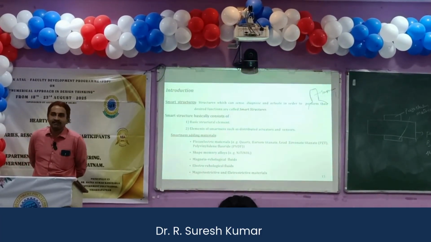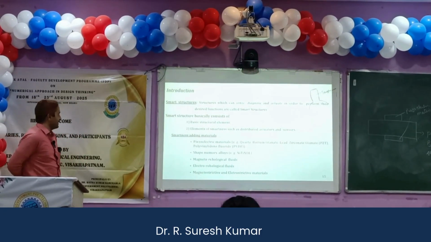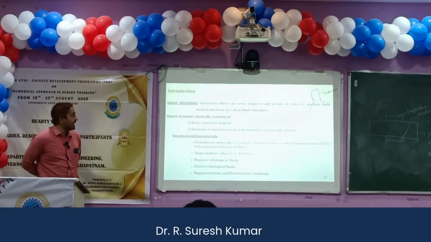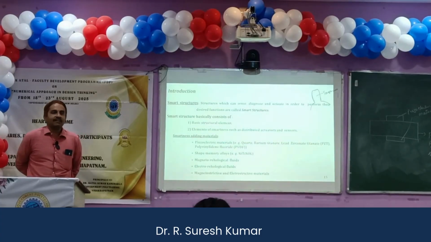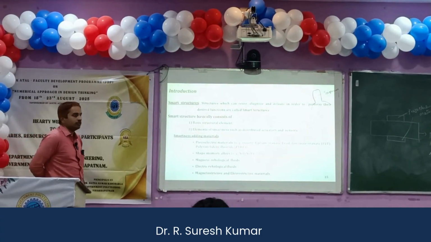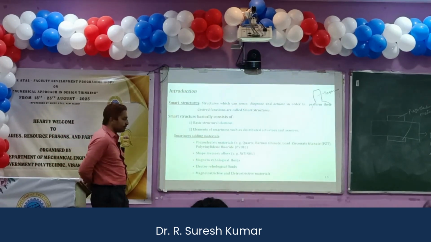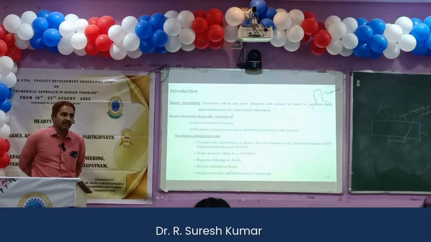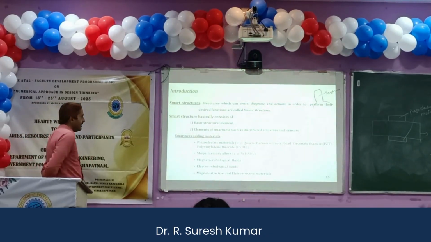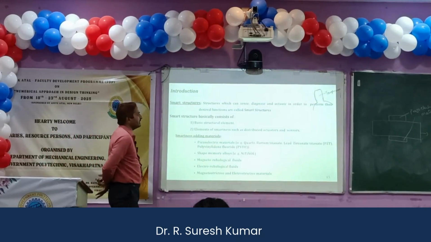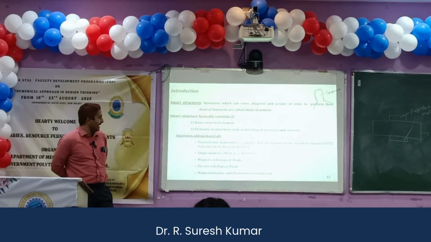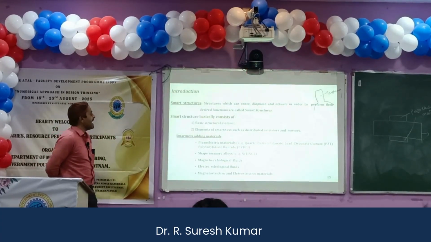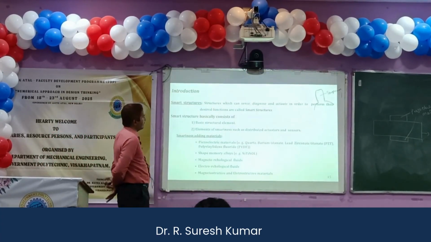So a smart structure basically comprises a basic structural element and elements of smartness adding material, which acts as either a distributed actuator or a distributed sensor. Examples of smartness adding materials are piezoelectric materials, quartz, barium titanate, polyvinylidene fluoride, lead zirconium titanate, shape memory alloys, magneto-rheological fluids, electro-rheological fluids, and magnetostrictive and electrostrictive materials.